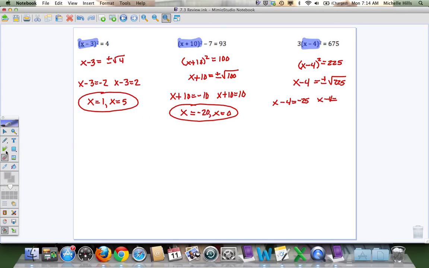I knew that was wrong, and yet my brain did not want to function to tell me what the right answer was. So, negative 15, and x minus 4 is positive 15. So when I add 4 to both sides, my first answer is x equals negative 11. Adding 4 to both sides, my second answer is x equals positive 19. And that's it.